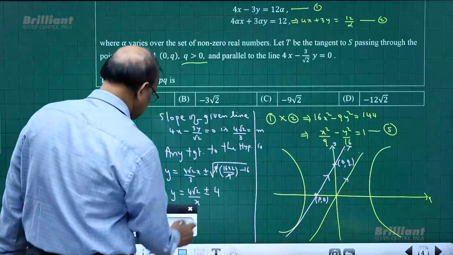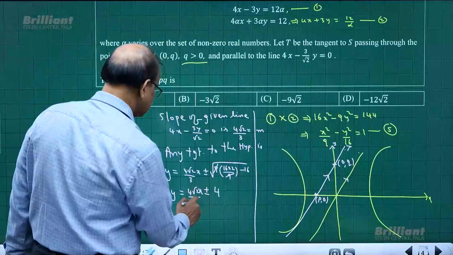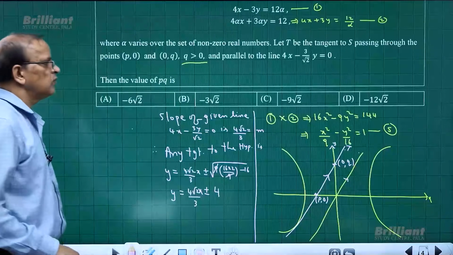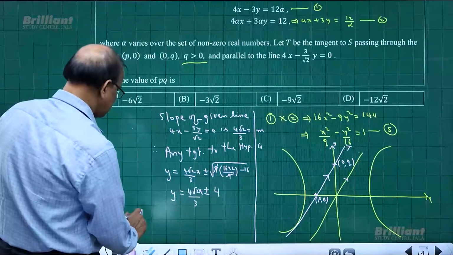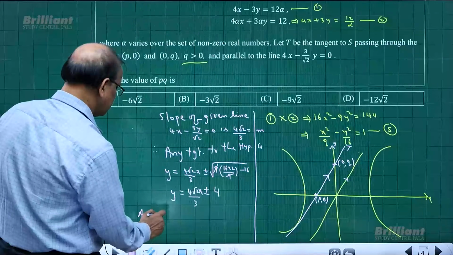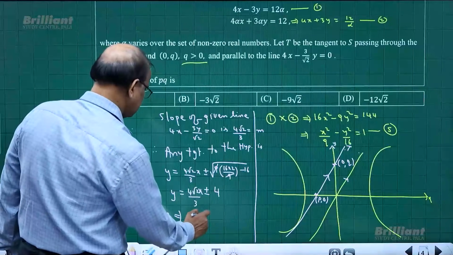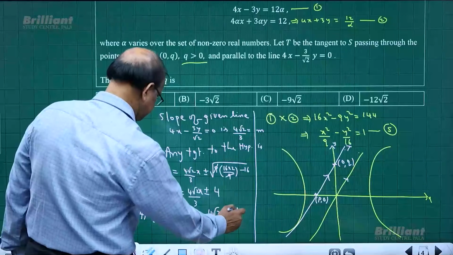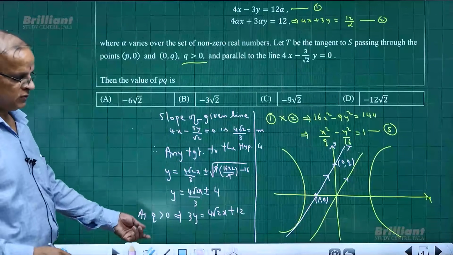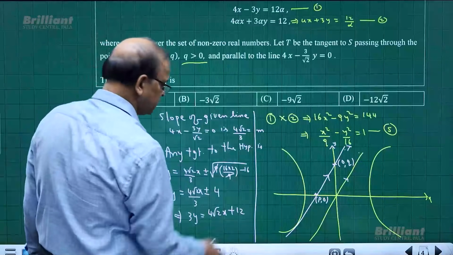Oh, this is 3 in the denominator of x. Now, Q positive, we will take plus. So 3y is equal to 4 root 2 x plus 12. Because Q is positive, that is why you take plus. If you take minus, then Q will be negative.